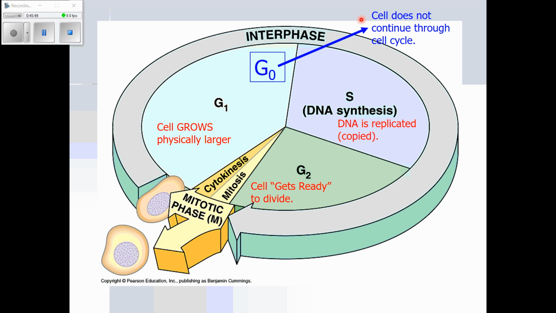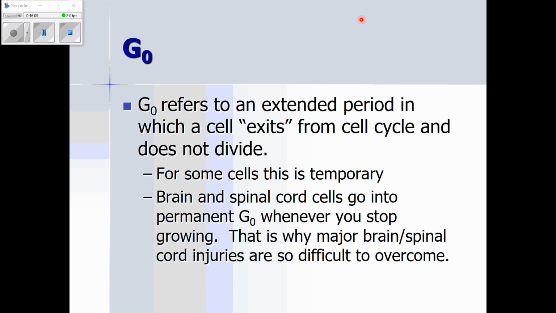It's no longer copying its DNA, it's no longer getting ready to divide, and it's no longer carrying out the process of mitosis and cytokinesis. It's like the cell kind of just pauses and no longer continues to participate in the cell cycle. So this is referred to as G0. As I said, it's an extended period in which the cell basically exits from the cell cycle and no longer divides.